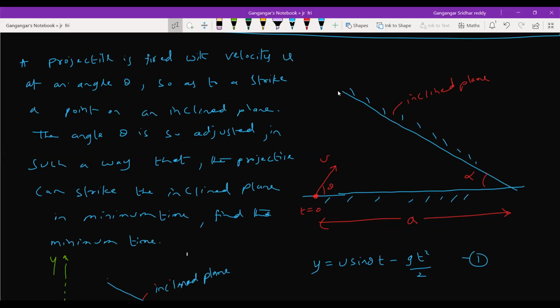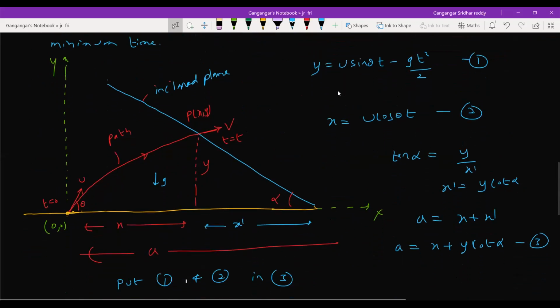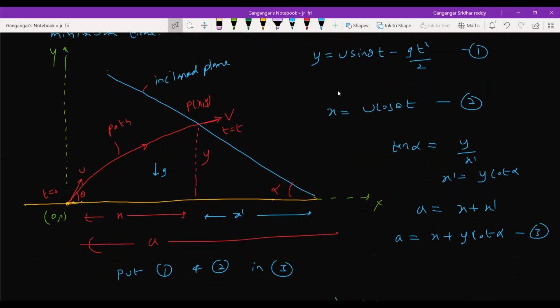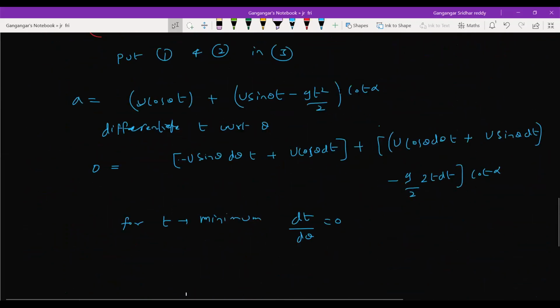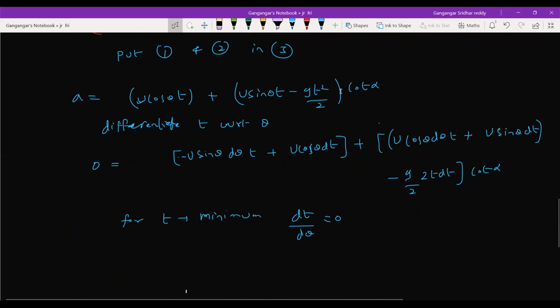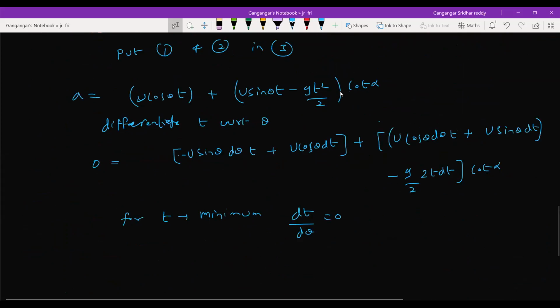Okay, fine. So looking at the question and the conditions given, we wrote these 3 equations, then substituted 1 and 2 in 3, and finally equated dt by d theta to 0.